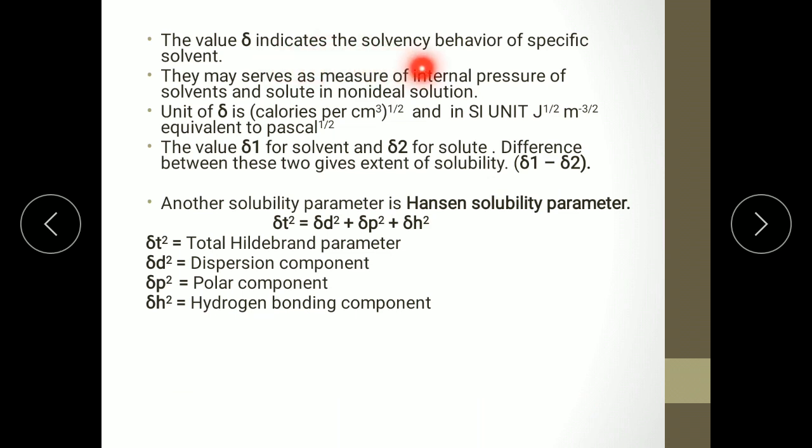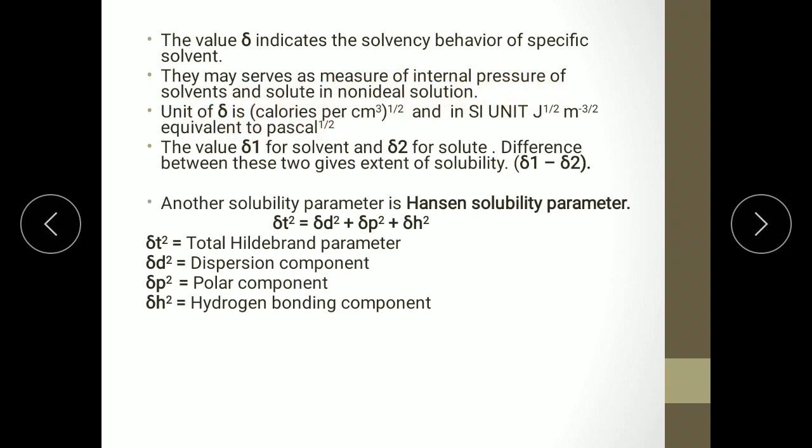Now delta indicates the solvency behavior of a specific solvent. They may serve as a measure of internal pressure of solvent and solute. As I said earlier, delta indicates the cohesive energy, means they will measure the internal pressure of solvent and solute.